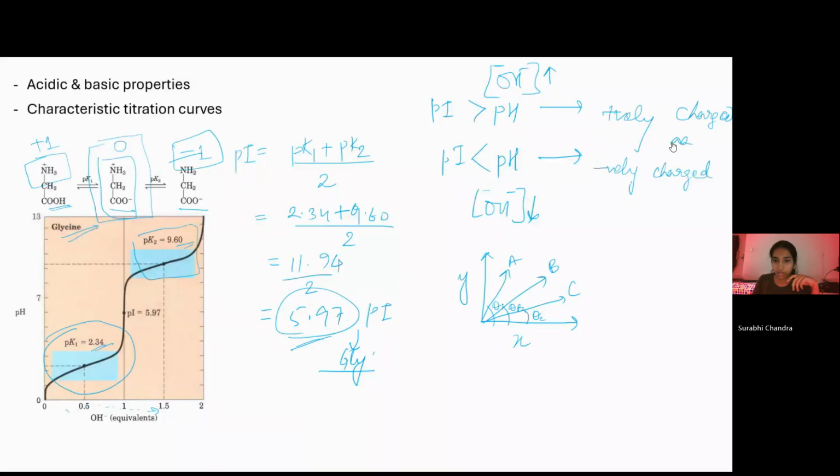So the amino acid will be positively charged. If the pH is more than the pI value, then it will tend to give away the H plus ions, and eventually the amino acid will be negatively charged.